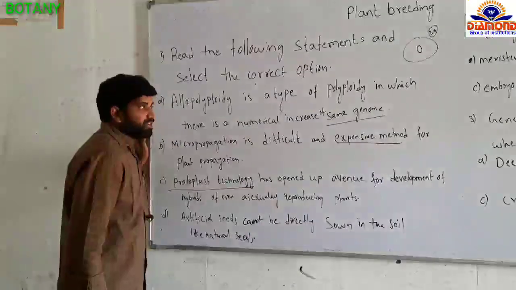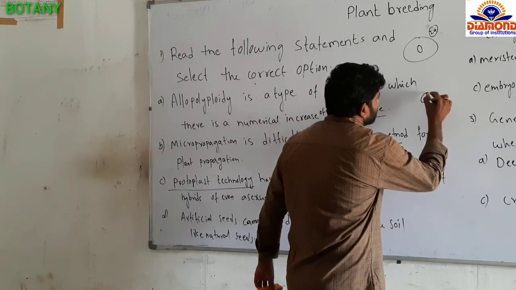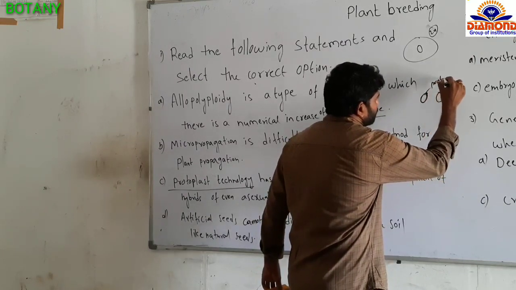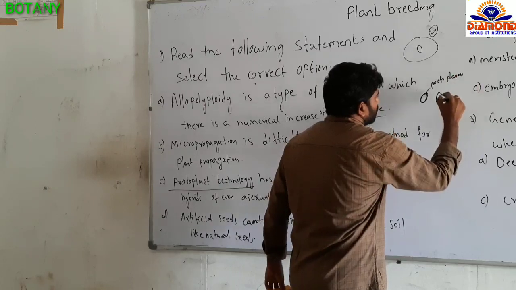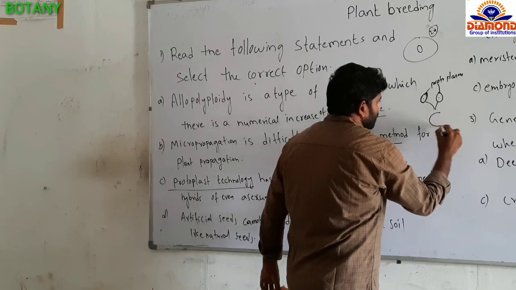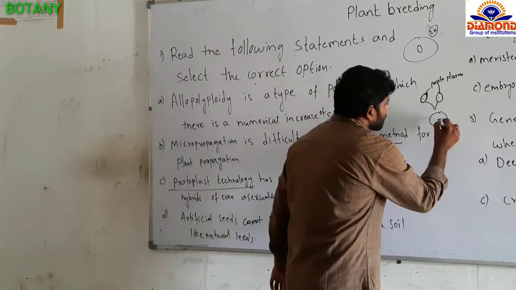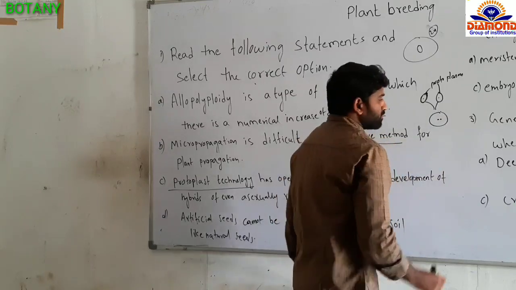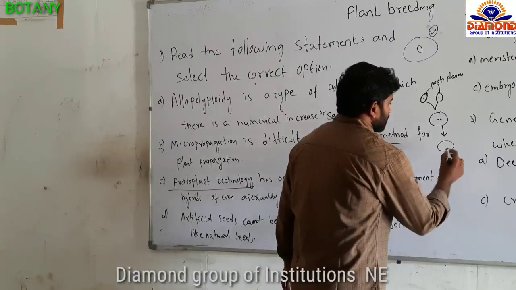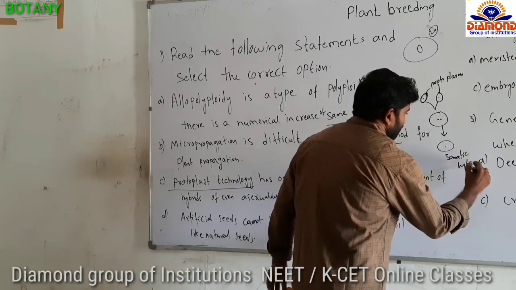We take cells of two different plant species, remove the cell wall, and fuse only the protoplasm of the two cells together into a single cell. This cell has two nuclei; one degenerates, the other remains, and it produces a new cell called a somatic hybrid.